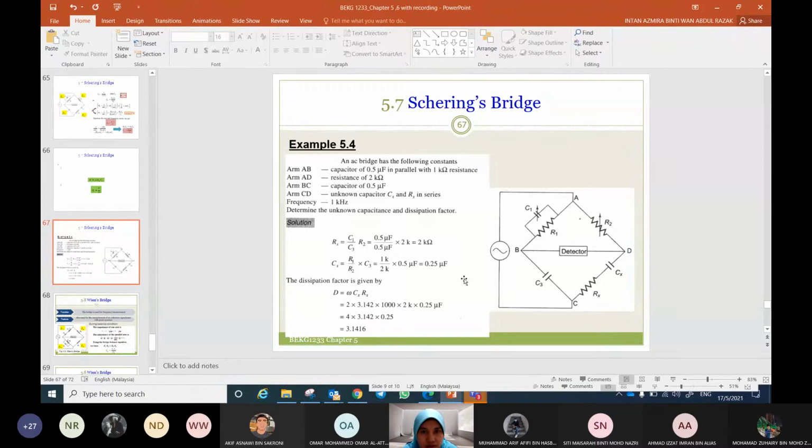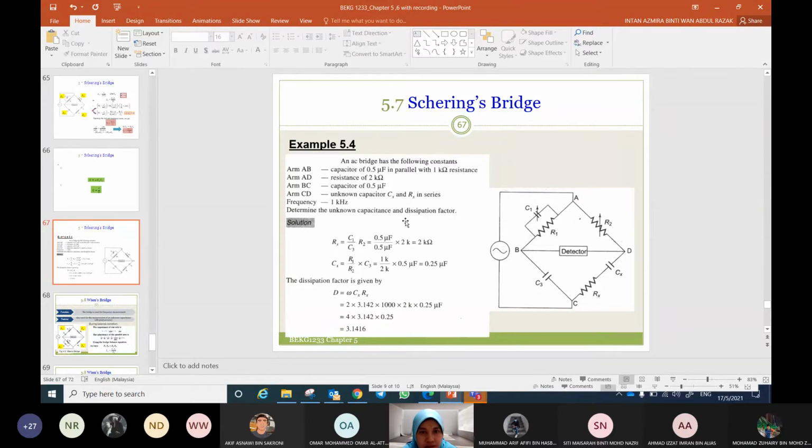If you look at this solution, an AC bridge has the following constants. On AB we have capacitor C1 in parallel with a 1K resistor. On AD, a resistor. On BC, we have a capacitor, and on CD we have Rs in series with Cx, and the frequency is given.